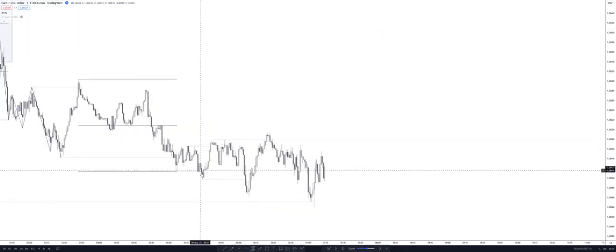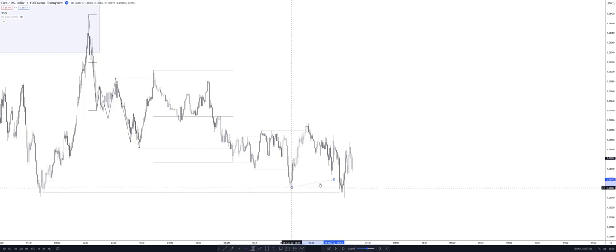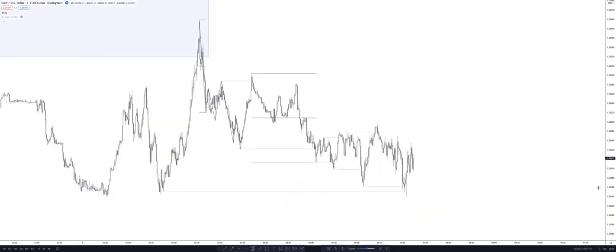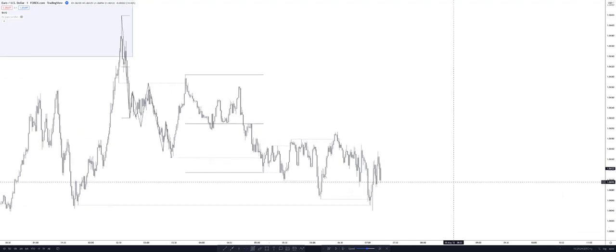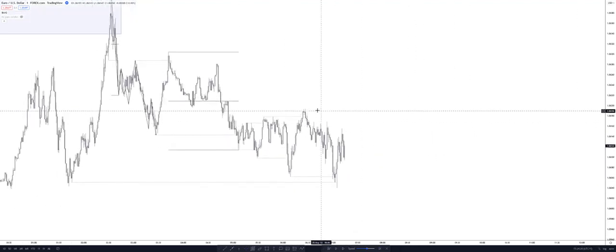Okay, so we've got a break of the low, break of the high, break of the low, break of the high. Am I looking now? Again, we got a break of the low here, and ultimately this is where we got our 15-minute change of character. Now, because we've had our 15-minute change of character, does this mean I want to look for shorts from here?